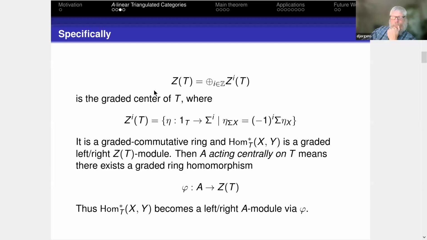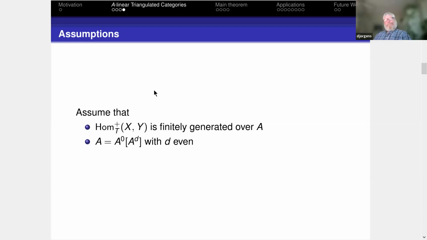Okay, so we have an A-linear triangulated category, and I want to make some assumptions now. So my Hom star is a graded module now over this graded commutative Noetherian ring A. By the way, I should mention that part of the structure, I said left or right.